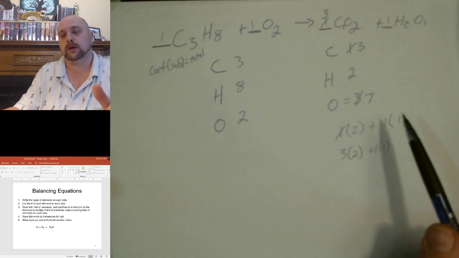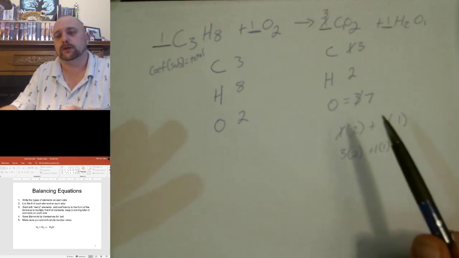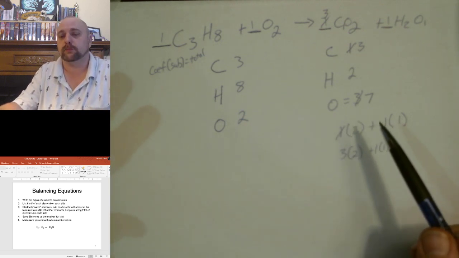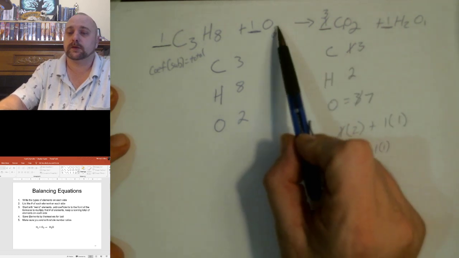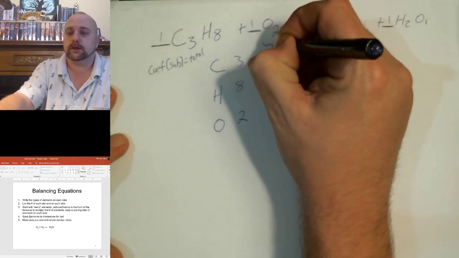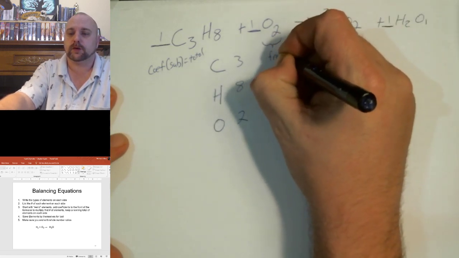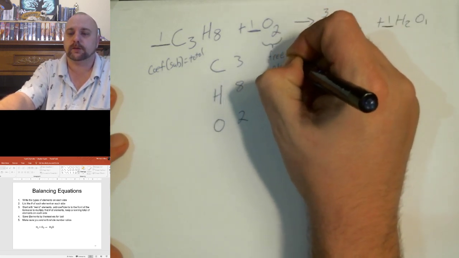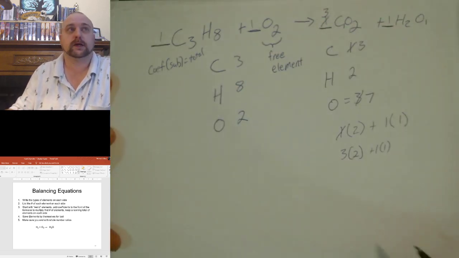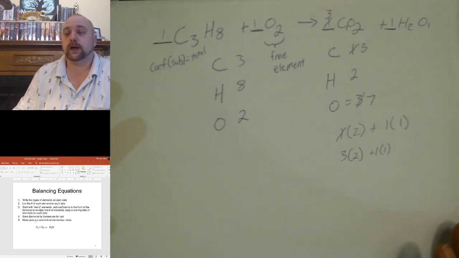So here's something that seems to help me out a lot, is I want to avoid changing something and coming back and changing it again later. And a great place to end is going to be stuff like this. If I can get elements that are by themselves, they are called free elements. And so, in this case, oxygen is a free element, and I want to save it for last.